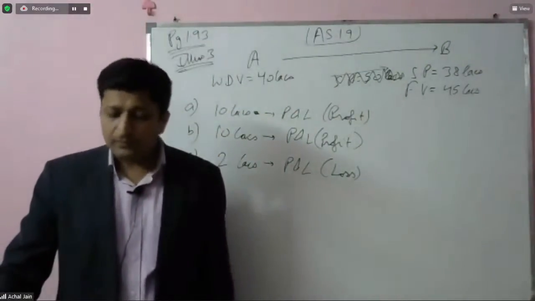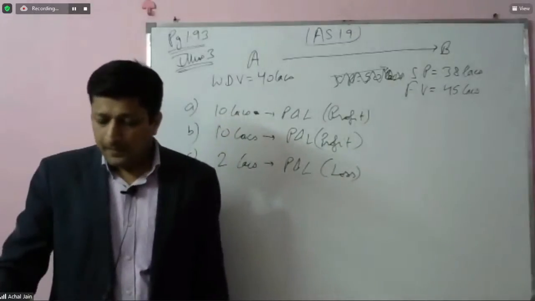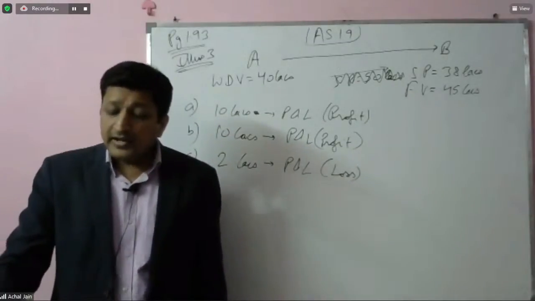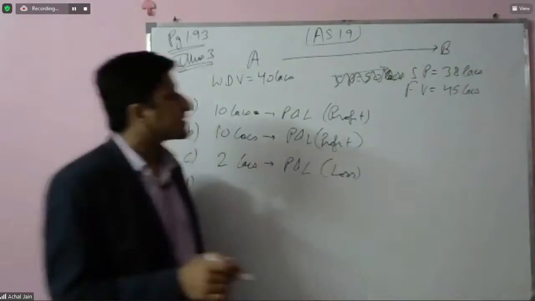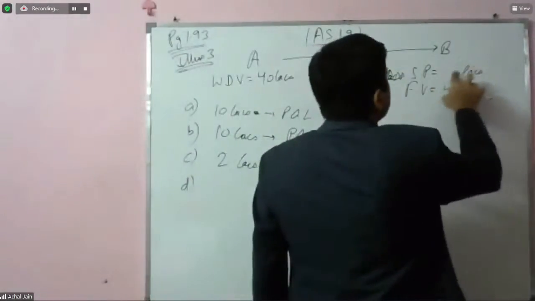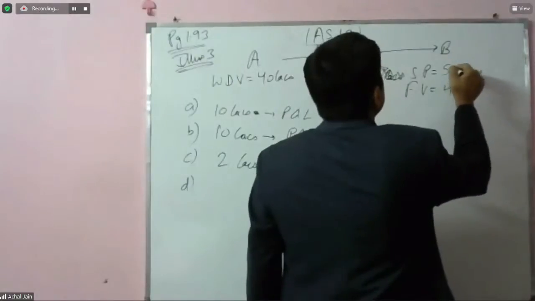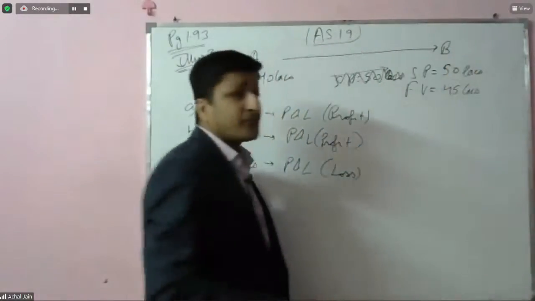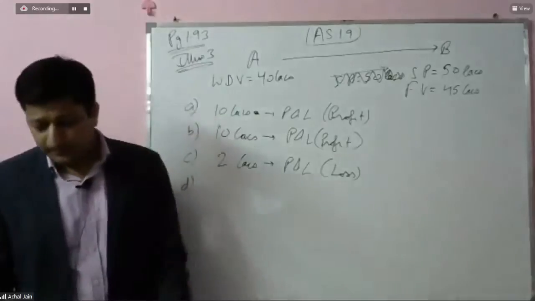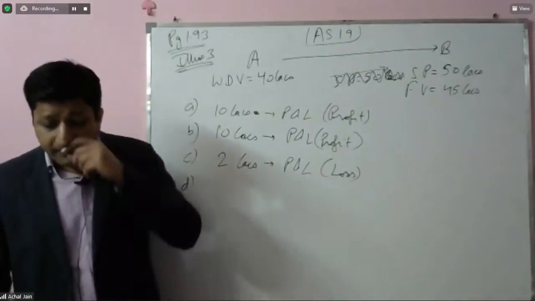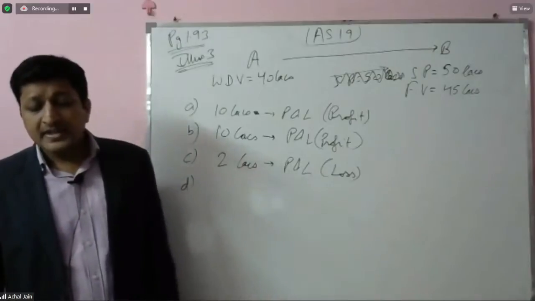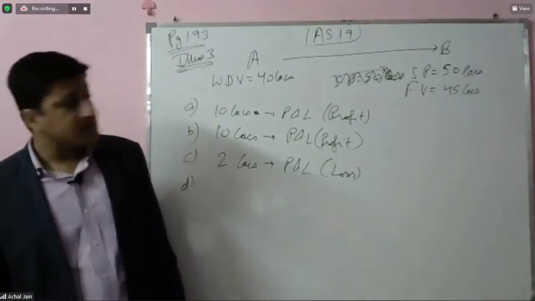Situation number 4. Fair value is 40 lakhs and sale price is 50 lakhs. If the sale price is 50, that means we have earned a profit. But fair value is lower than the sale price.